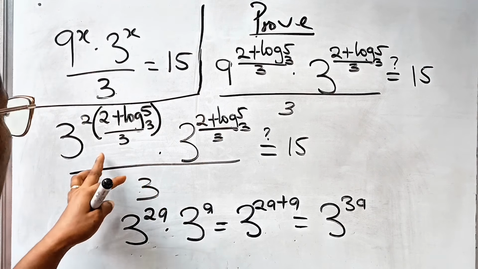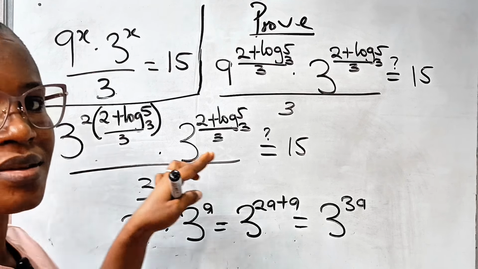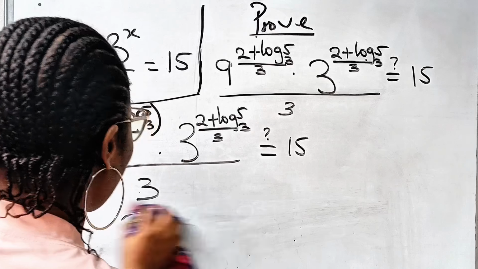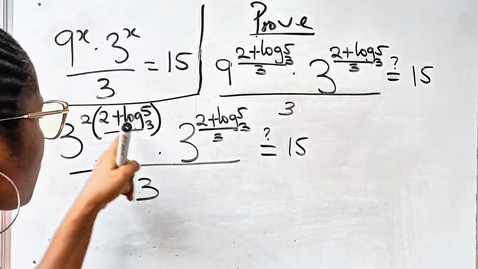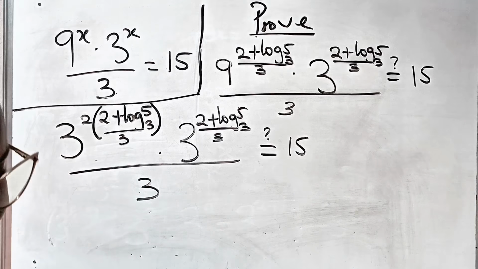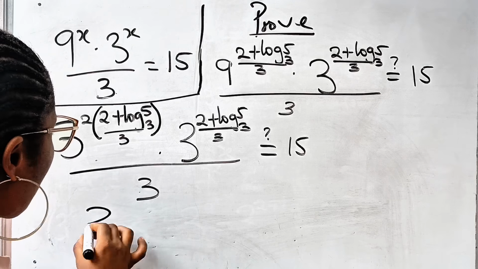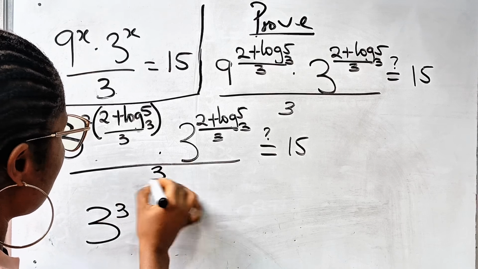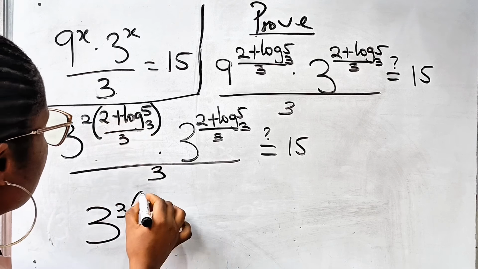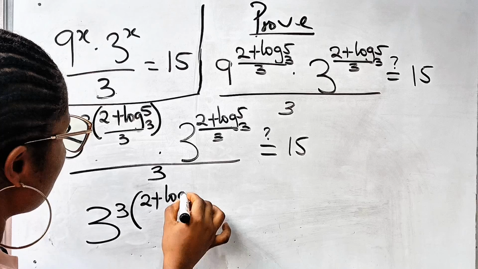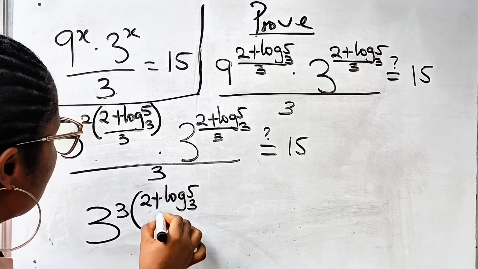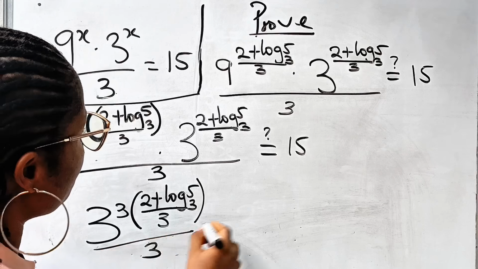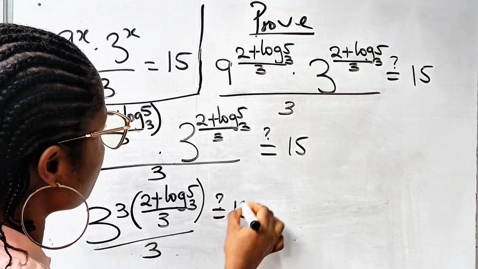So that is exactly what I'm going to write now as a numerator, but instead of A, I'm going to write this. Therefore, I will have 3 to the power of 3 brackets, (2 plus log 5 base 3) divided by 3. Now, everything divided by 3. Now, is this equal to 15?